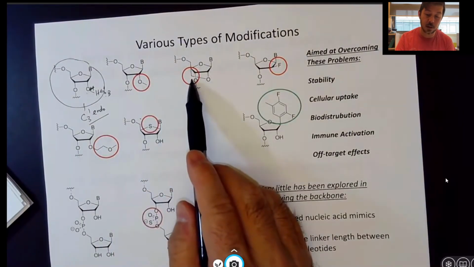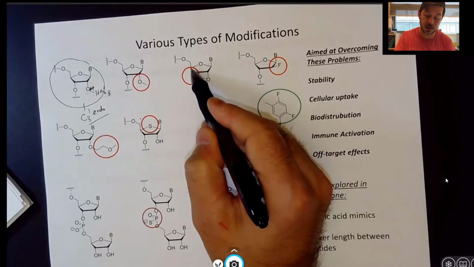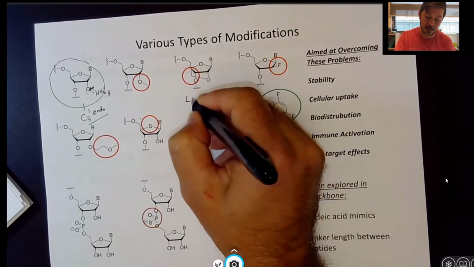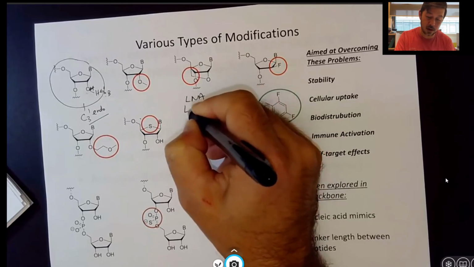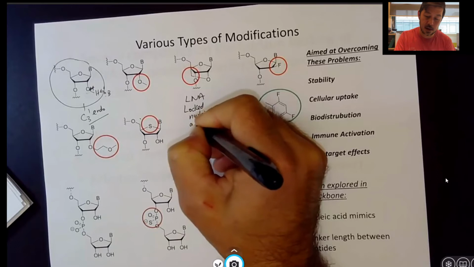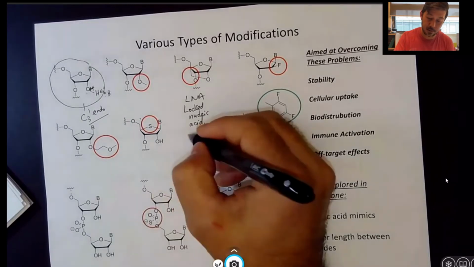This one here is called locked nucleic acid. So you can see you have a bridging carbon between the C4' and the oxygen here. So we call this LNA, or locked nucleic acid. And what this does is this actually keeps the RNA in only the C3' endo conformation.